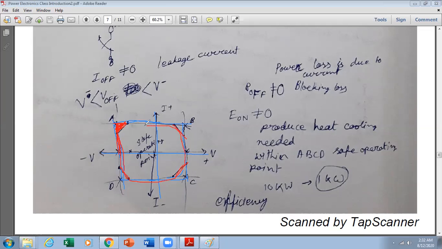So this is our safe operating region for the practical switch. Initially for ideal cases it was from infinity to infinity box, and for practical it has some particular value that is also box. Now if you want to keep it in a safe operating region, you have to reduce from the corner side.